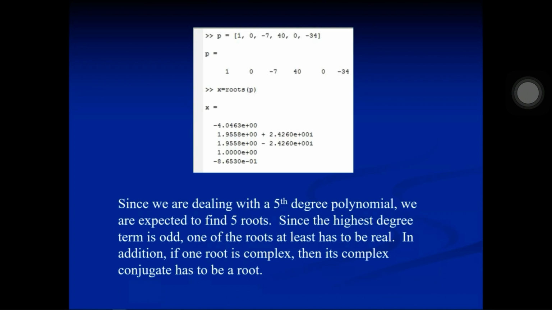Since if we're dealing with polynomials with the real coefficients, the number of complex roots has to be even. It's either 2 or 4 or 6 or 8, but it cannot be odd because the complex and the complex conjugate have to be roots. So it has to be even. Very good. It's an even number of complex roots. So it can have 0, 2, or 4 complex roots. That's it. There's no other possibility.